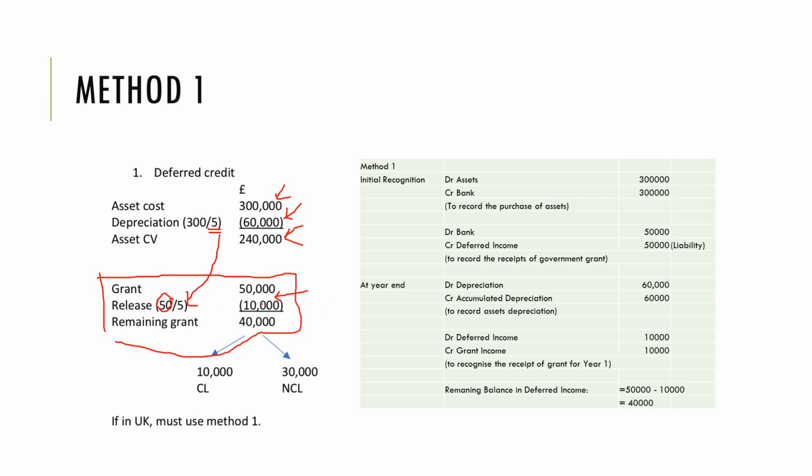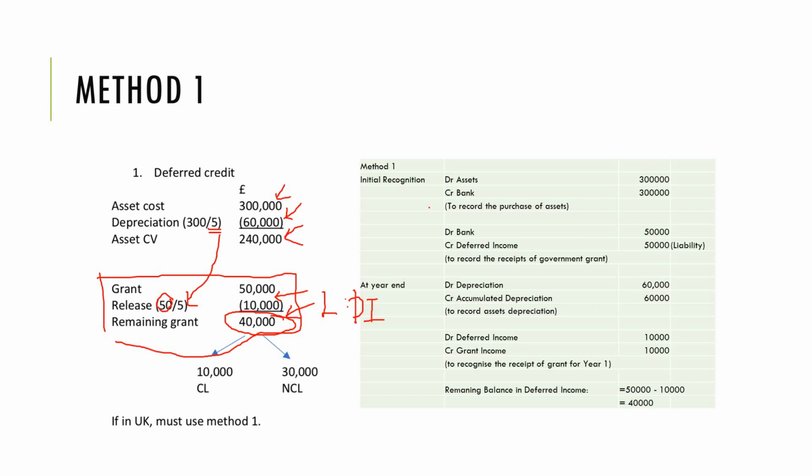Okay, so this 10,000 is the amount of grant that we have to recognize every single year. So at the end of the first year, we will have a remaining grant of 40,000. And remember, this grant is part of your liability. Why? Because this is recorded as part of your deferred income. Deferred income has the same meaning as prepaid income, and prepaid income we have to treat as part of our liability.